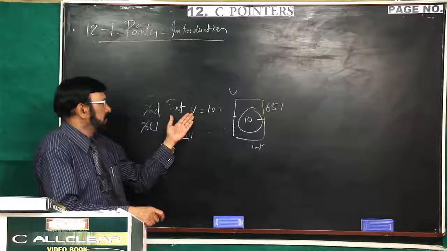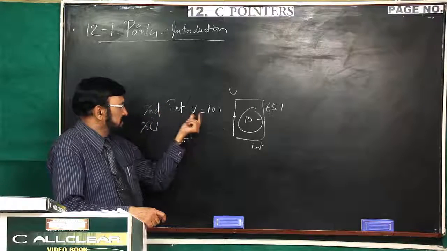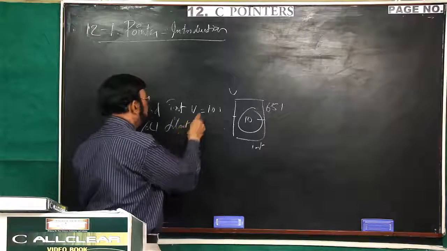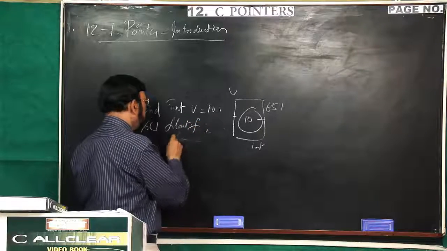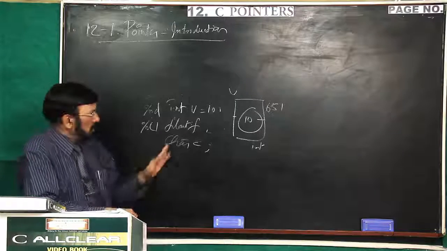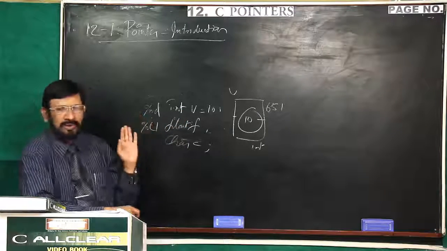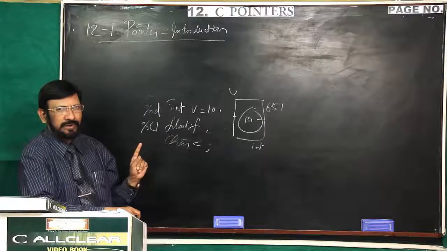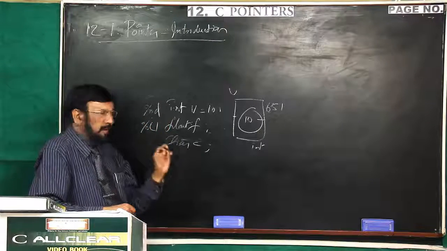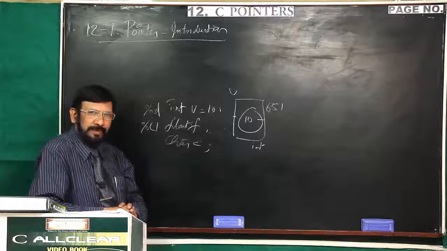Int v can store an integer value. Float f can store a floating point value. Char c can store a character value. Let us call these ordinary variables. Ordinary variables can store a value of the corresponding type.